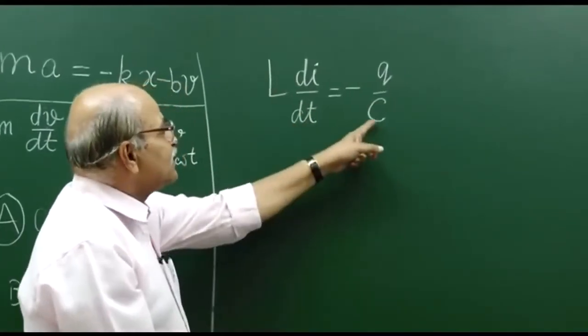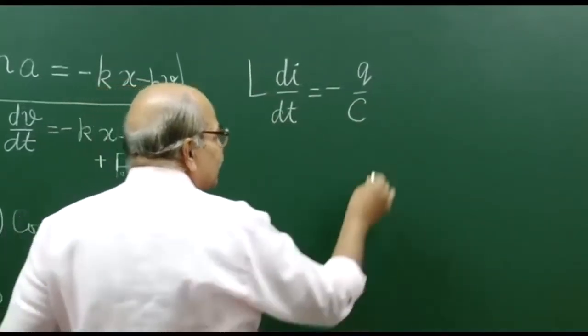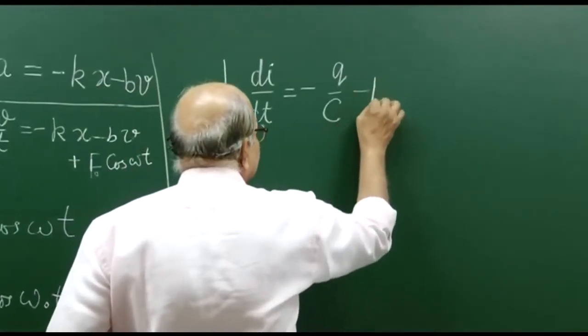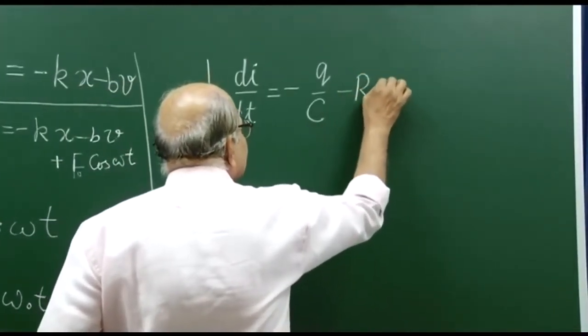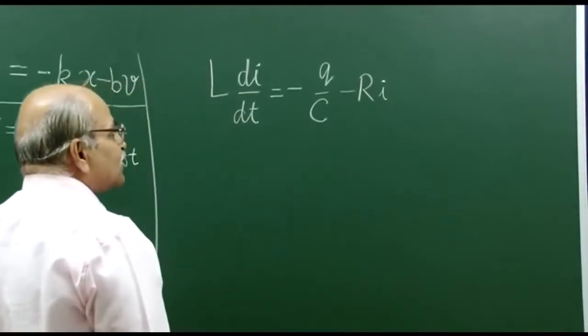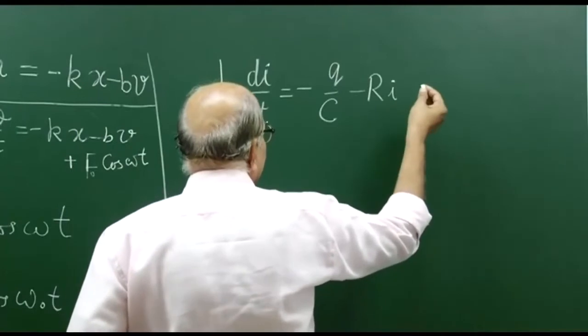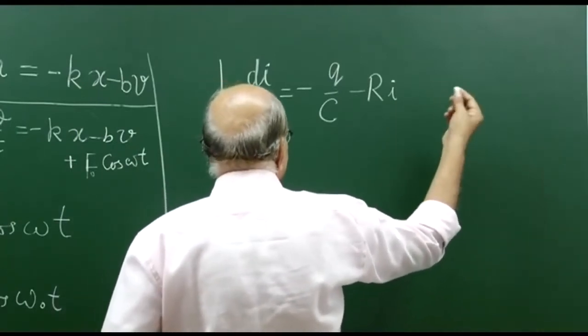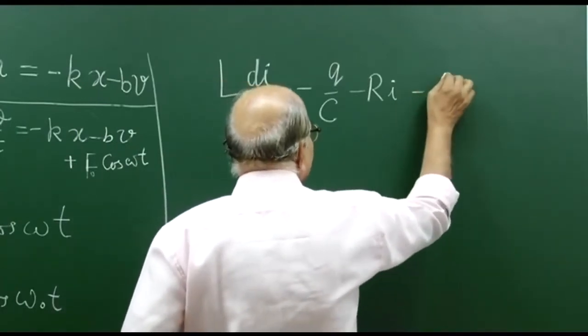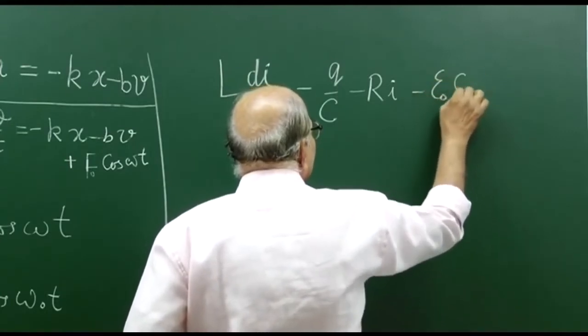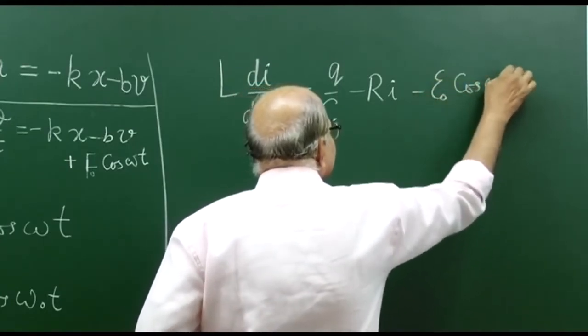The natural frequency is decided by L and C, and then you have this damping or dissipative term R times I, and now you have an extra term E. So, I can write some E naught cos omega t.